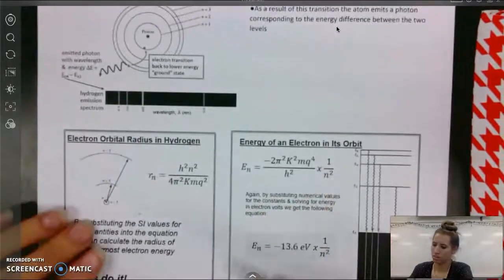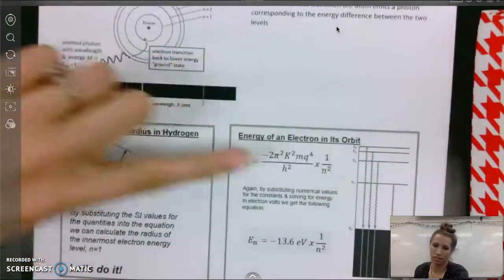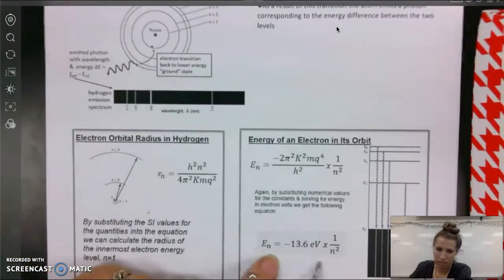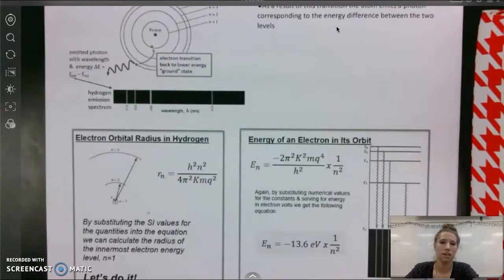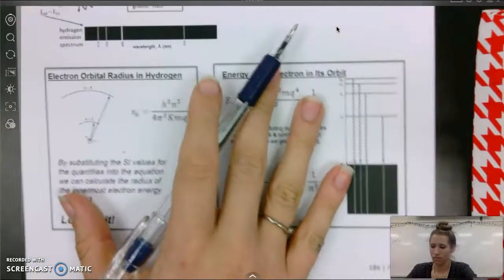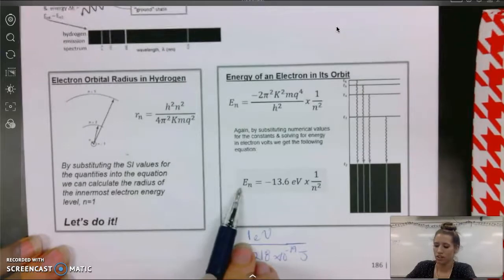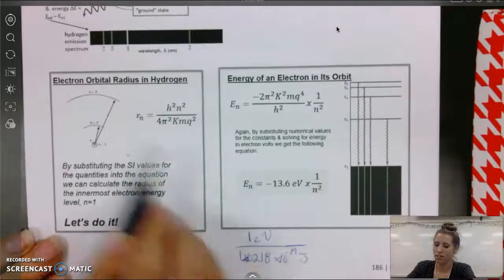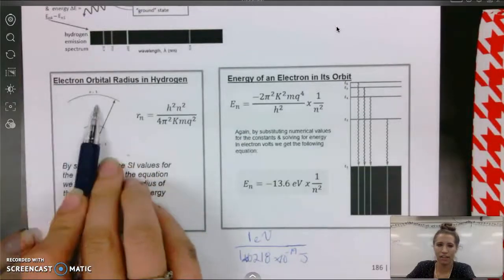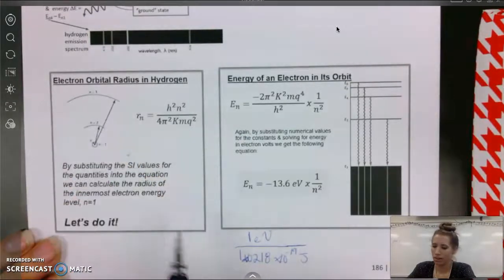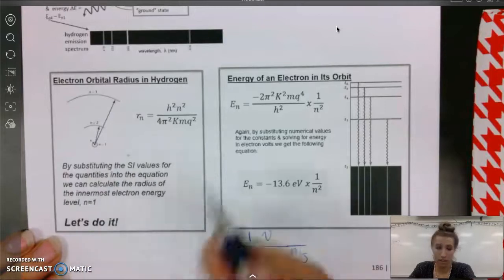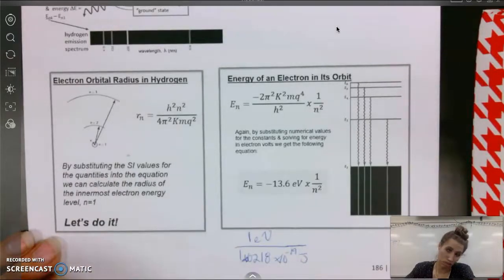Don't get overwhelmed by these. We're not going to focus on these. This is the equation we're working with. The energy of the energy level, meaning the energy of the electron at that energy level, where the ground state, the energy level closest to the nucleus, is n equals 1.